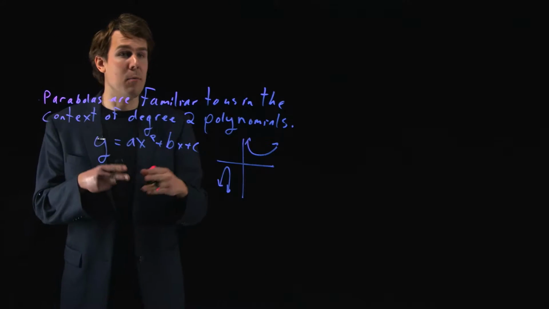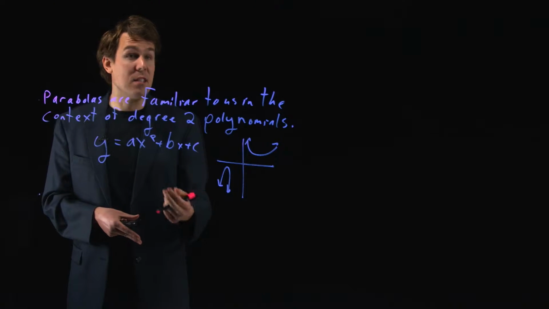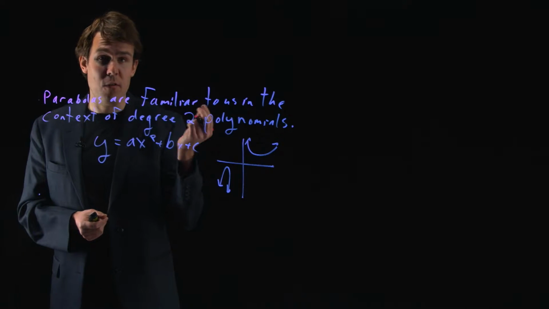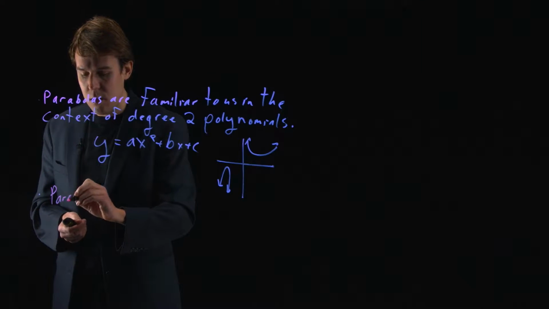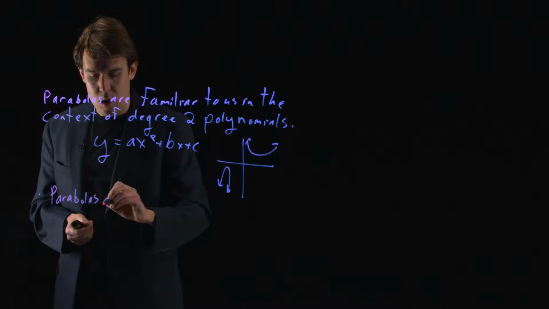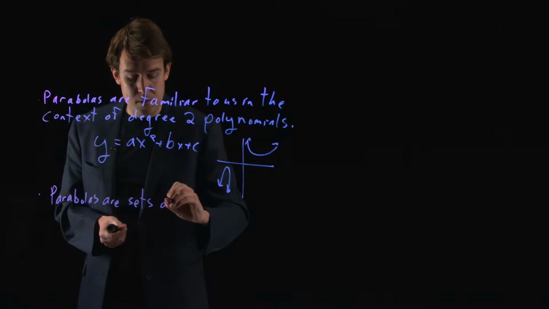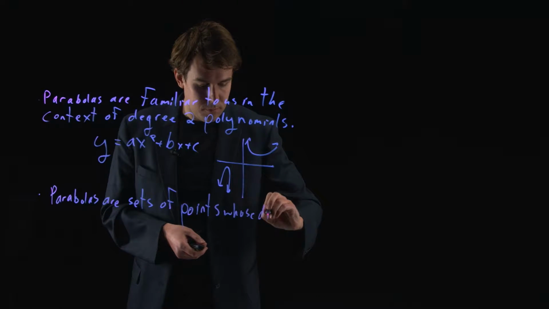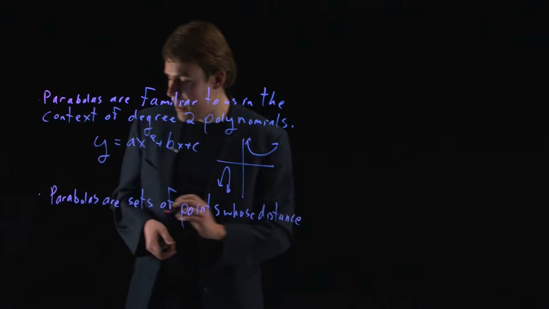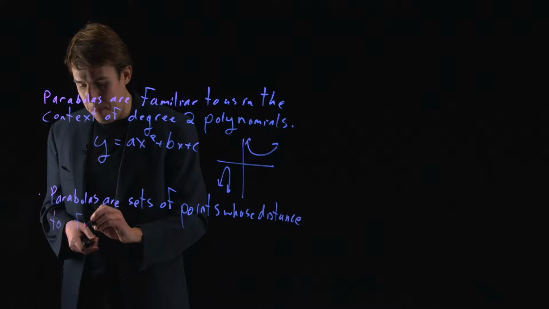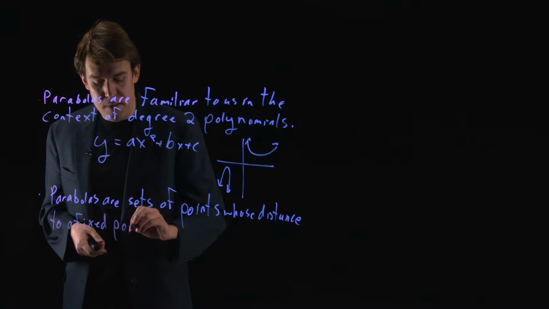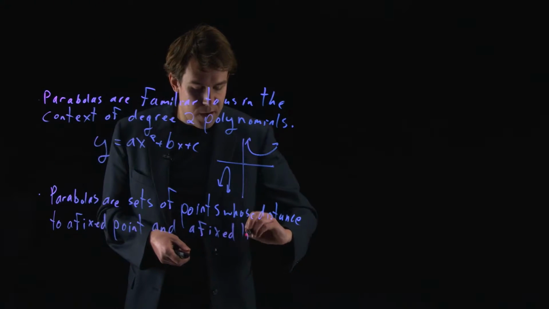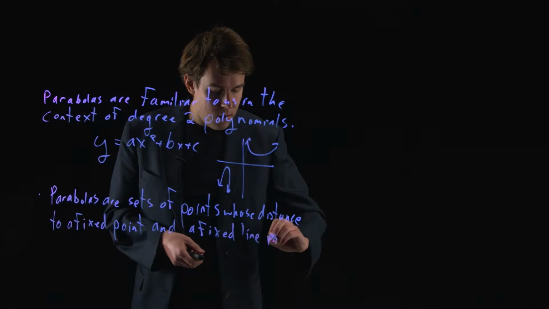Now we'll think about parabolas in a more geometric context. We'll think of them similarly to ellipses and circles as sets of points with a special geometric property. So for us, parabolas will be sets of points whose distance to a fixed point and a fixed line are equal.